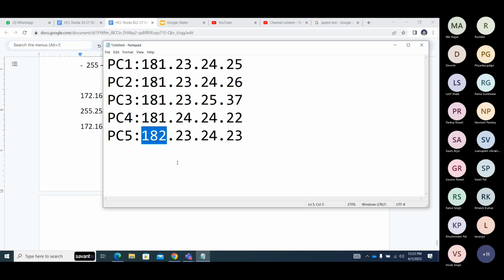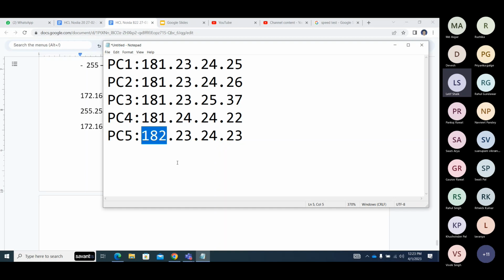What to do? It is already configured. I just configured 5 devices like this, and you found 2 PCs are not communicating. PC4 and PC5 are unable to communicate. You check the IP address, right? Normally we check the cable connectivity, the connection is there.